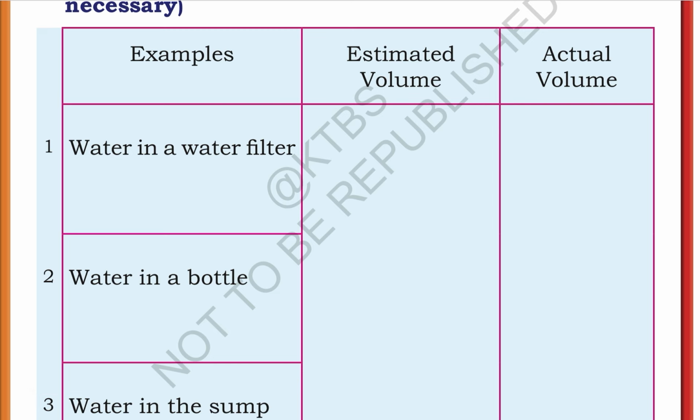The water filter in my house is 15 liters, which is the actual volume of the water filter present in my home. Whenever I see it, I can estimate 12 liter, sometimes 12 liter by seeing it. Okay. Actual volume is 15 liter.